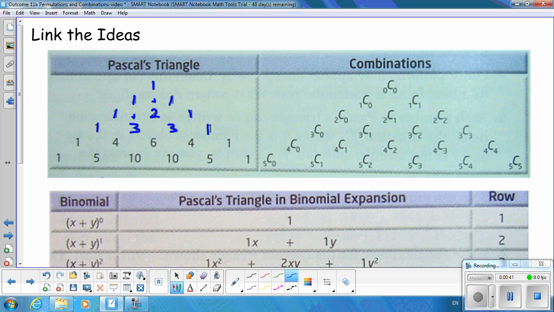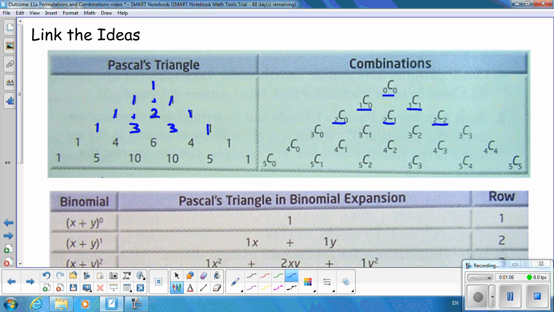It relates to combinations because 1 is just 0C0. In the second row, we can write the 1s as 1C0 and 1C1. The third row, 1, 2, 1, we can get from doing combinations of 2C0, 2C1, 2C2.